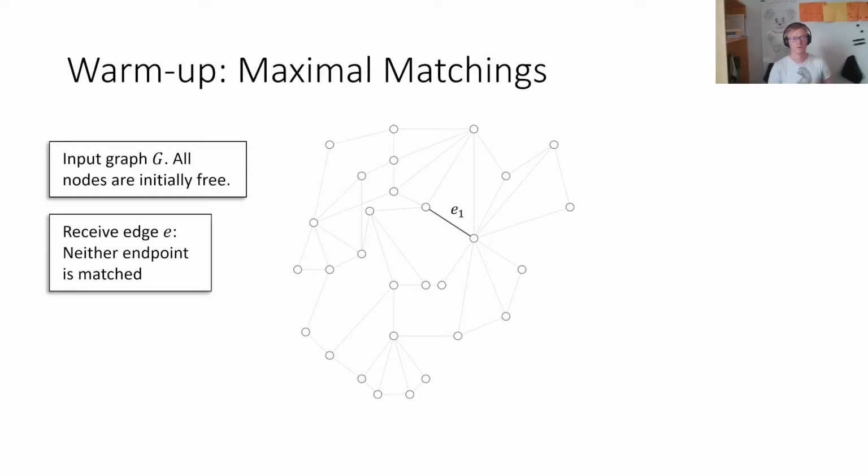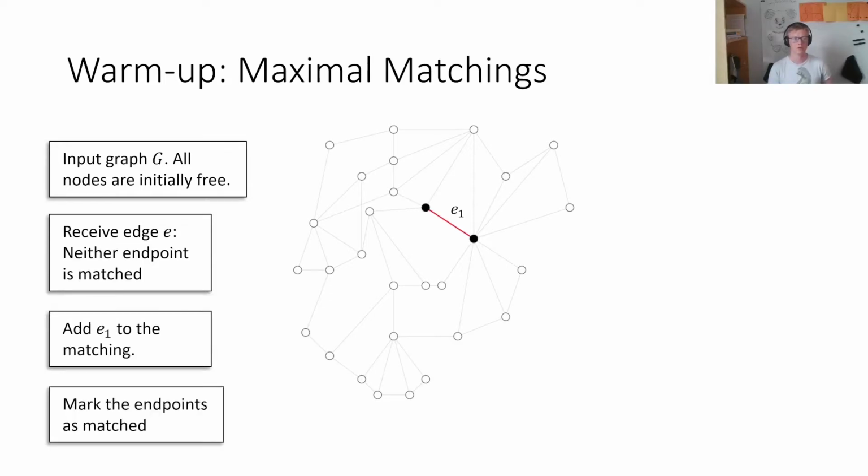And in the first iteration, when we obtain the first edge, we check whether the endpoints are free or not. And if they are free, then we can safely add this edge to the matching. And now we mark the endpoints as matched, or non-free, so that we know which nodes we are not allowed to use anymore for the matching.